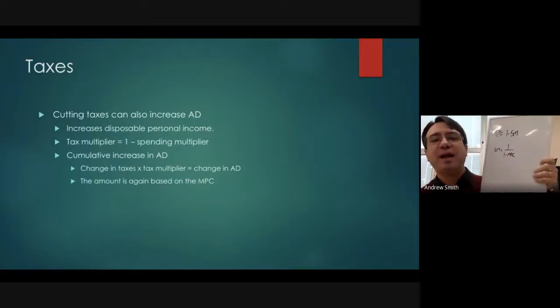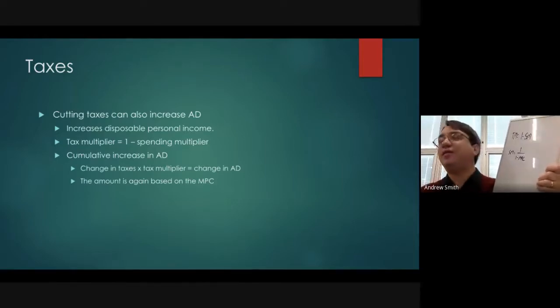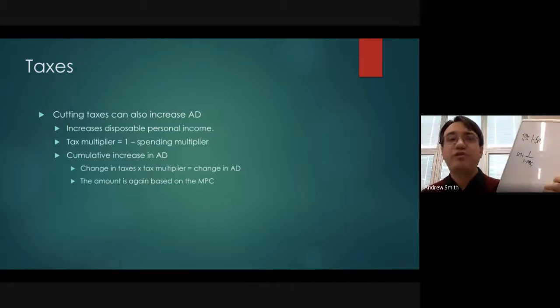So, a lot of times this will be a negative number, because an increase in taxes will obviously reduce GDP, but if we lower taxes, okay, then we will raise GDP.